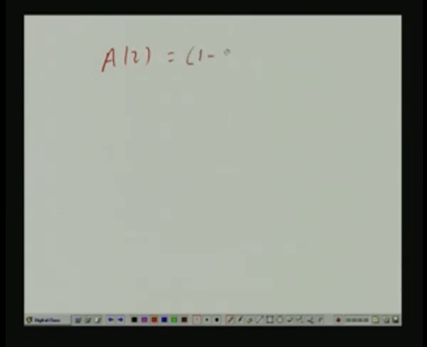So, our style is to write it like this: 1 minus q z inverse. So, at z equal to q this is 0, obviously, and the remaining is C(z). What is C(z)? C(z) will be of degree p minus 1, this is very important. So, it could be something like C0 plus C1 z inverse plus and so on, up to C(p minus 1).